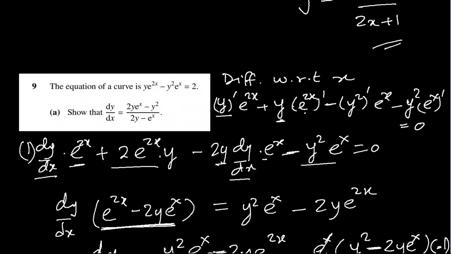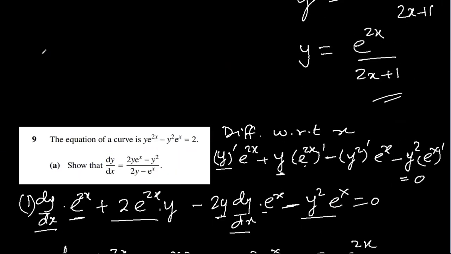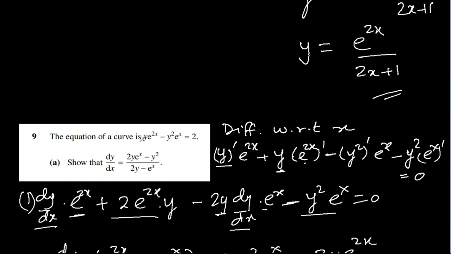And let's put this in our curve now. So in this equation, we will substitute y equal to half e to the power x. So this y becomes half e to power x multiplied by e to power 2x, minus the y square will also become half e to power x squared, times e to power x, and that is equal to 2.